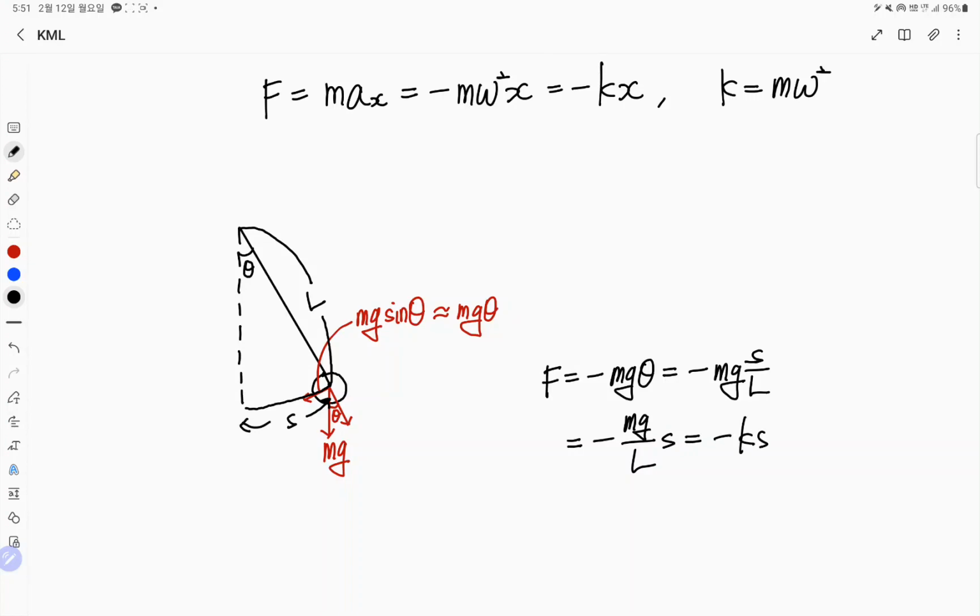In this case, the constant is mg over L.